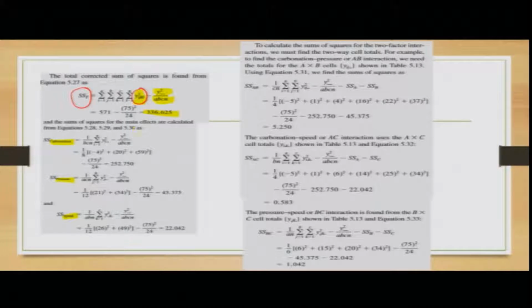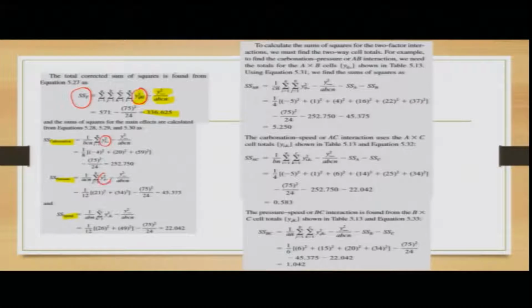From there, if I want to find the sum of the squares of the errors, here it will be y square i triple dot, because I am keeping i fixed at one level and summing up for all j, k, l. Similarly, for the second one, it will be dot for the first place, j for the second place, and the third and fourth would be dot, as mentioned here.